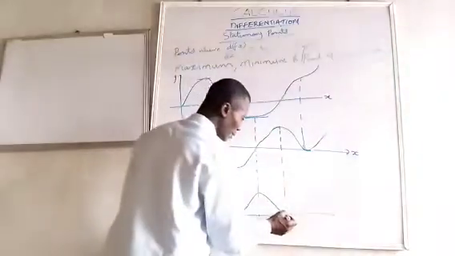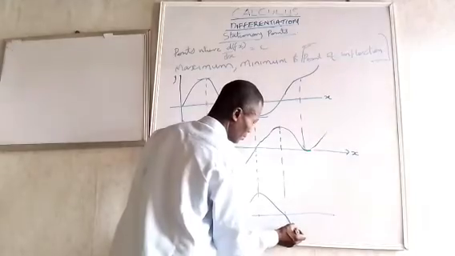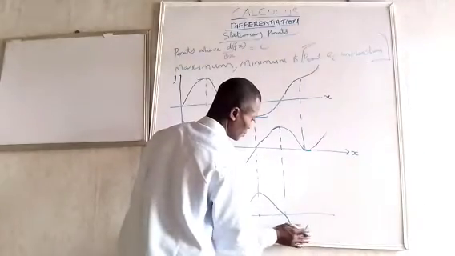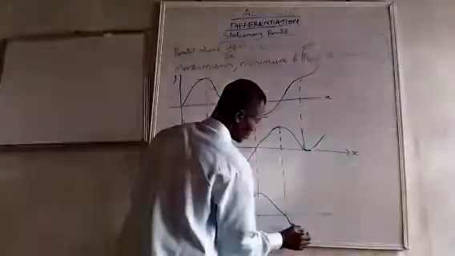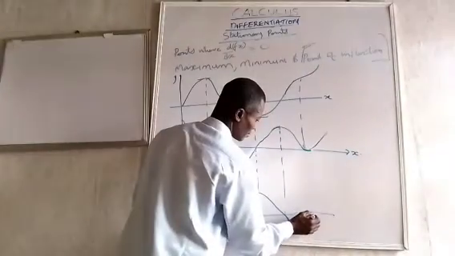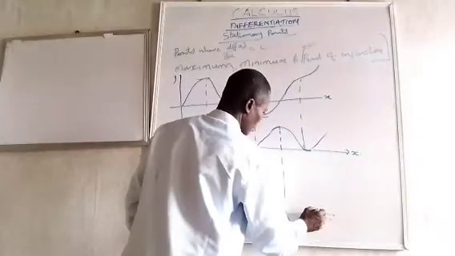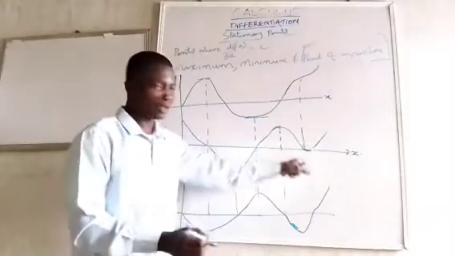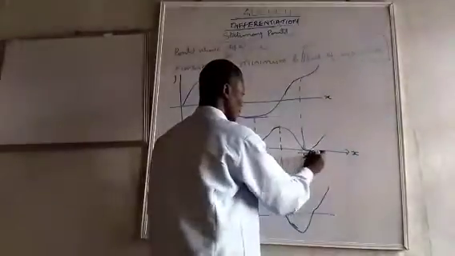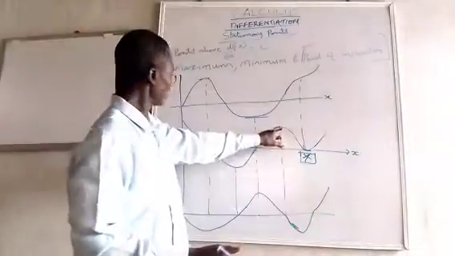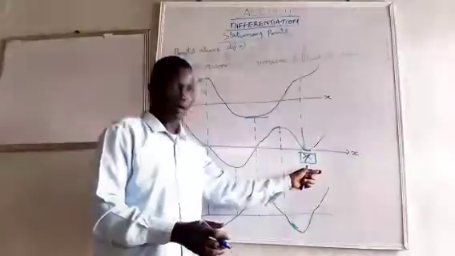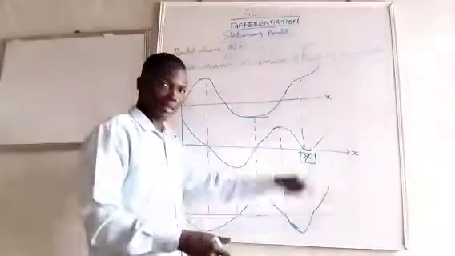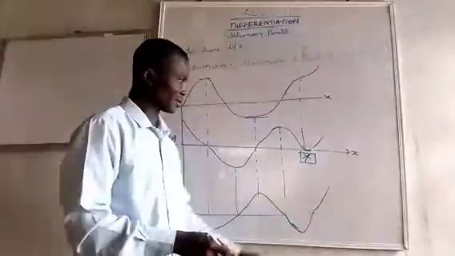Now it comes back to negative. But for the point of inflection, it just became 0 and turned back again. It did not get into negative. Take note of this point. For this point of inflection, it did not change sign. It just continued in the positive. If it is from negative, it will continue in the negative. Take note.